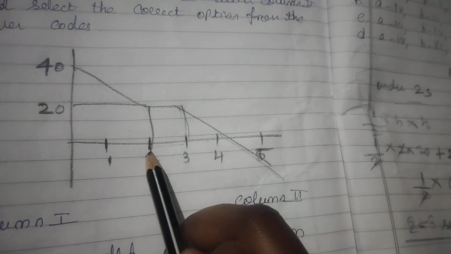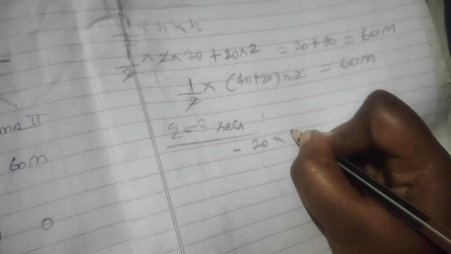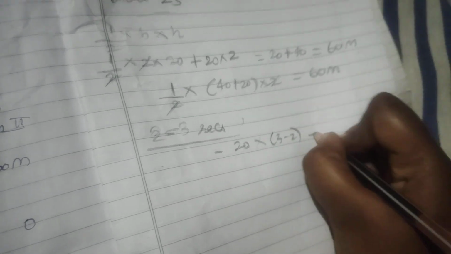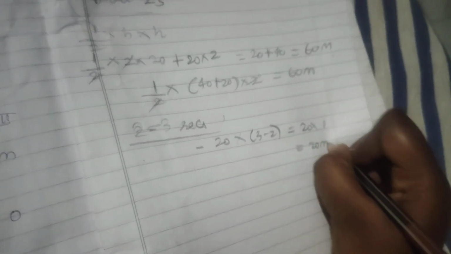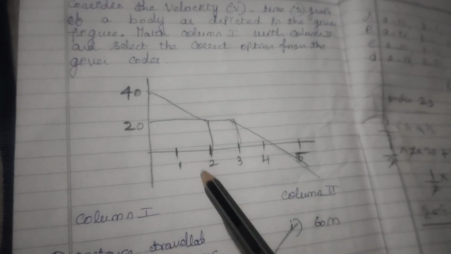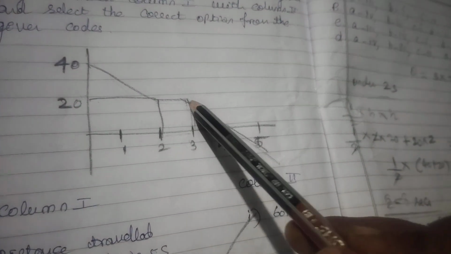So breadth is 3 minus 2 and length is 20. So 20 into 3 minus 2, that is 20 into 1, that is 20 meter. So 2 to 3 seconds is 20 meter, and then 3 to 4 seconds.